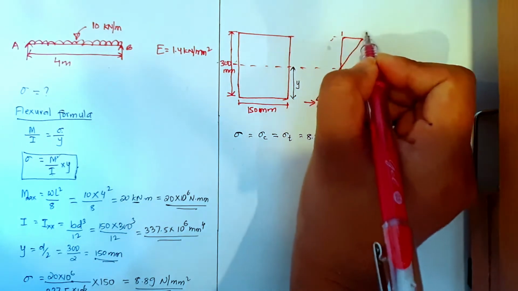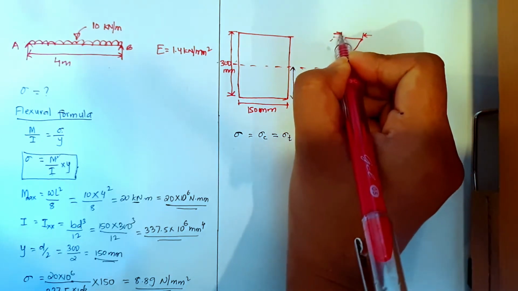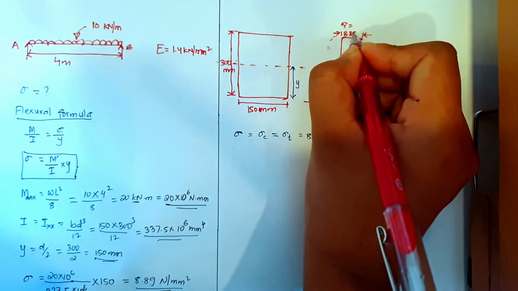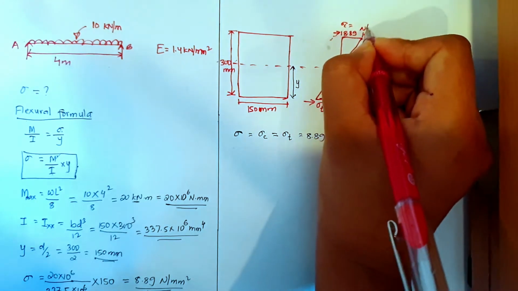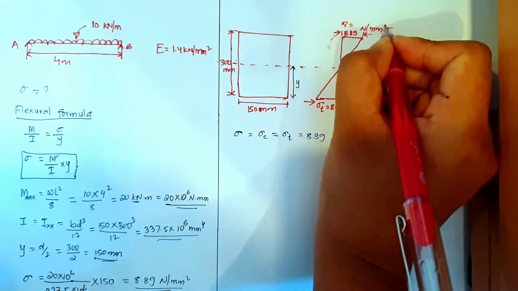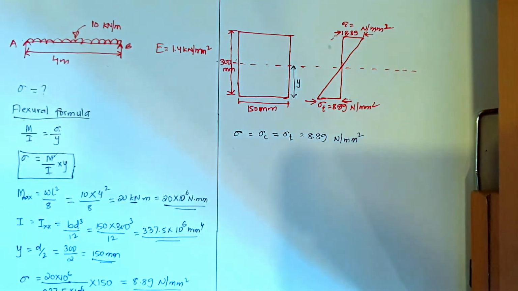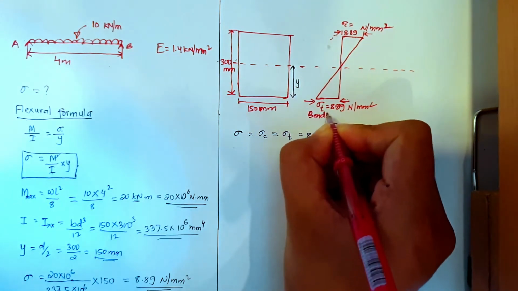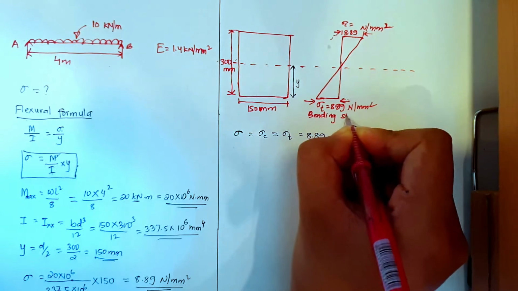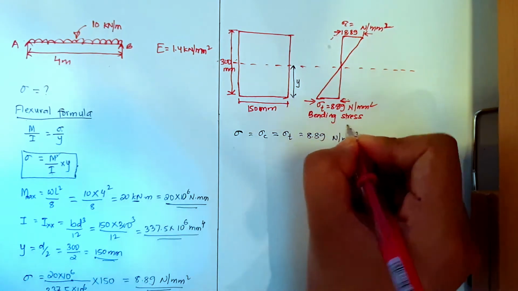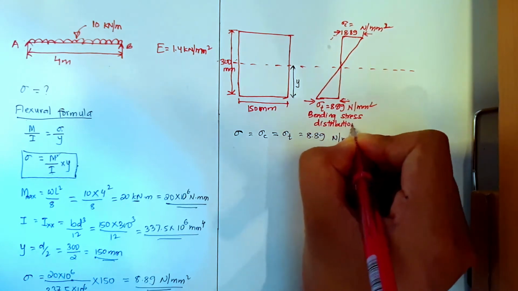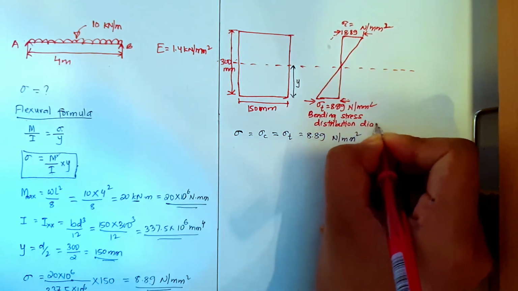Now from here to here is sigma c. So sigma c is equal to again 8.89 Newton per mm square. Okay, so this is your bending stress distribution diagram.